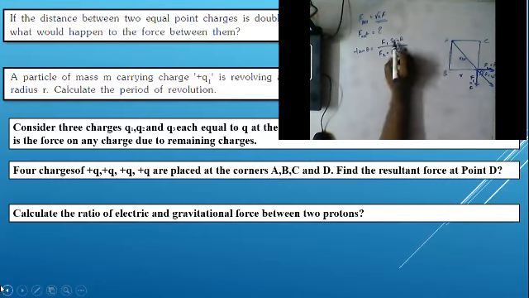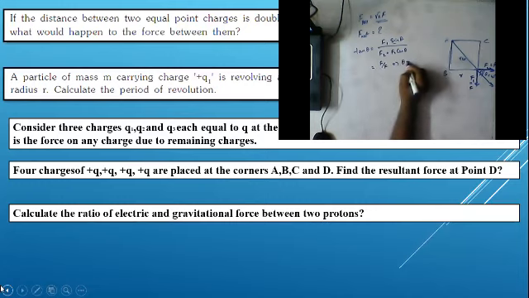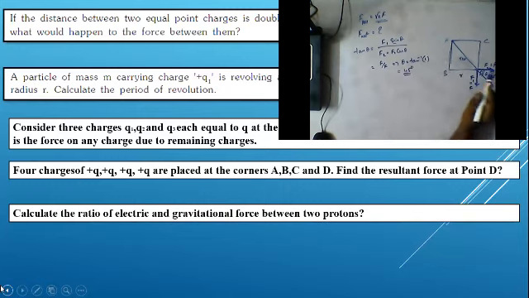Since theta is equal to 90, sin 90 is equal to 1, and cos 90 is equal to 0. So ultimately we get f by f, that is theta is equal to tan inverse of 1. So tan inverse of 1 is how much? 45 degrees.